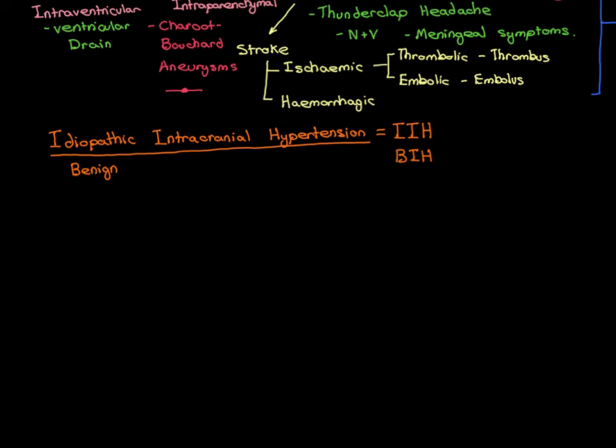So, a little bit of epidemiology then. Idiopathic intracranial hypertension affects around 1 in 100,000 people. And roughly 9 in 10 of the cases of idiopathic intracranial hypertension are women of childbearing age, so they're currently in the age where they could become pregnant, who are overweight.